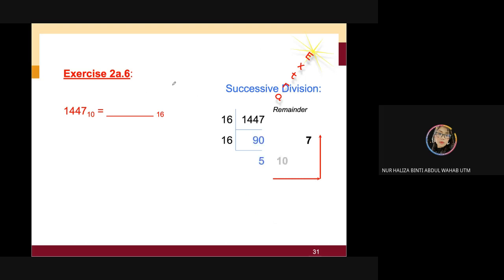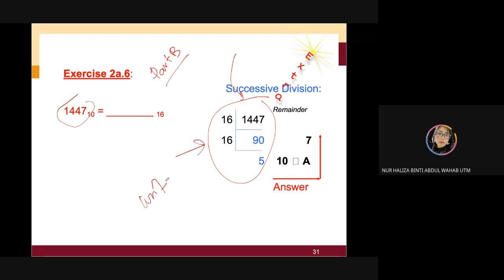So you can try several exercises. You can also change the value and try by yourself. And also do it on your rough paper, because for your final exam you will have Part B. Part A is normally like our quiz yesterday, where you answer A, B, C, D, multiple choice.